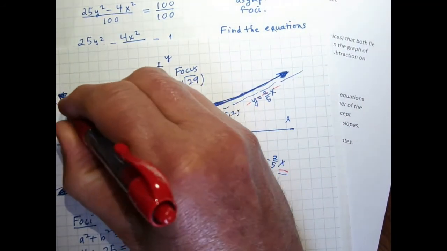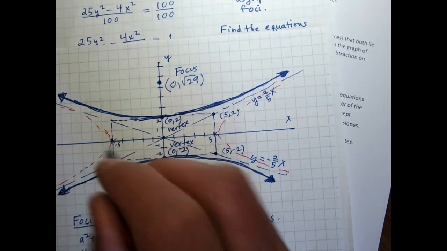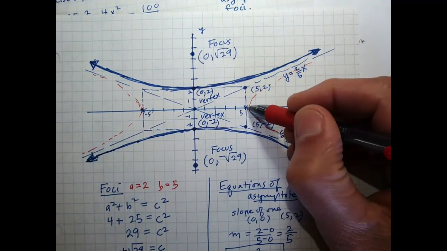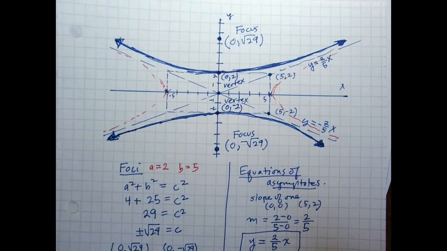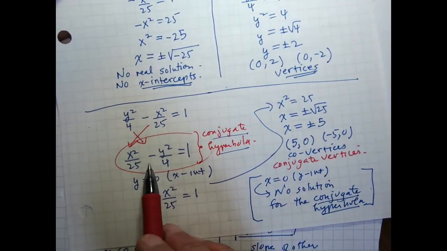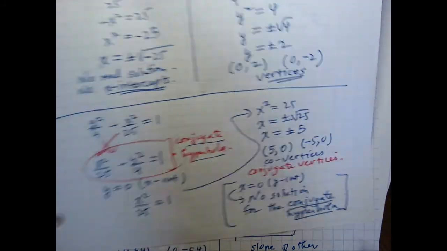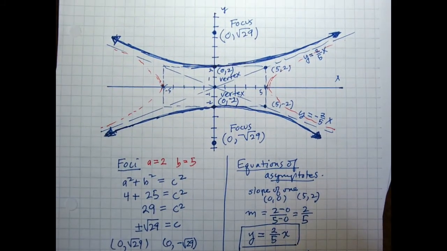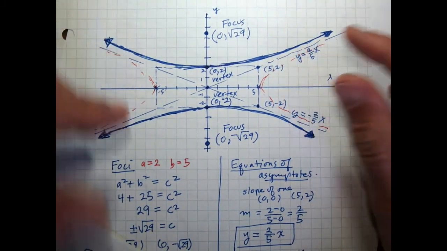So there's a kind of twin or a pair. That's not really part of the graph we want here, but that's the meaning of the conjugate hyperbola we talk about. When you change the order of subtraction in the equation, if we were to graph that other hyperbola, we'd get something that I've outlined very lightly in red there, side to side. So we don't need it here. We just need the blue.